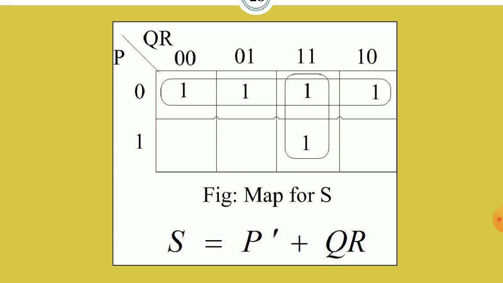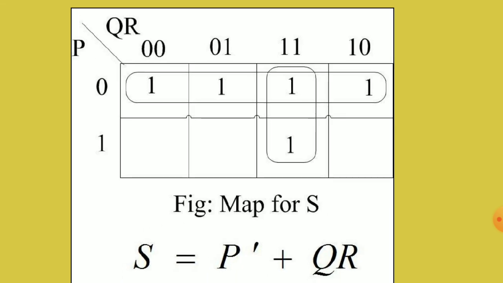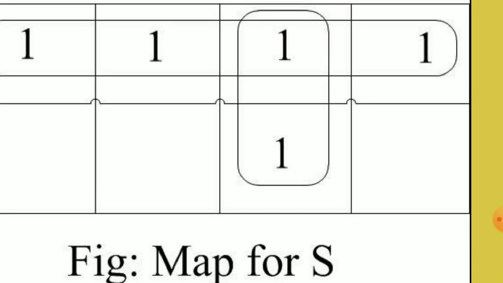We will take adjacent ones by the power of 2. That means we will take only one at a time, two 1s at a time, four 1s at a time, eight 1s at a time. Okay, so here we will get only two terms, because we make only two groups here.